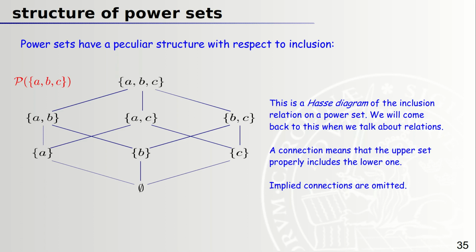Also, we omit all edges that are implied by transitivity. For example, the set containing A is a subset of the set containing A B C, but there's no edge between them, since that edge is implied by transitivity by the edges between A and A B and A B and A B C.